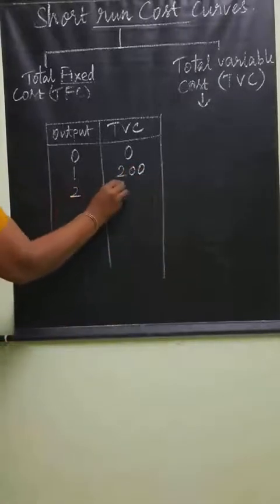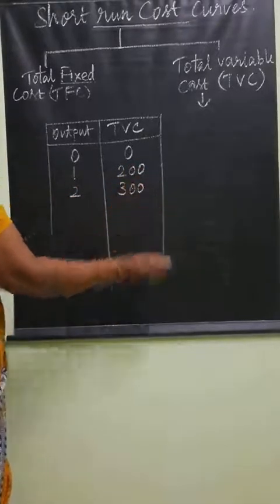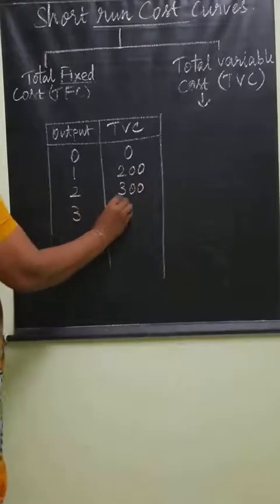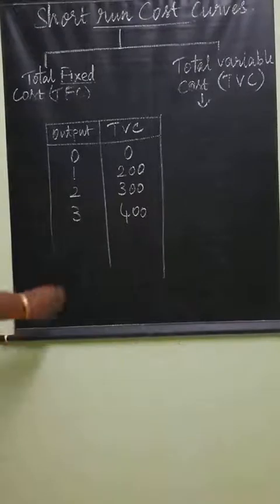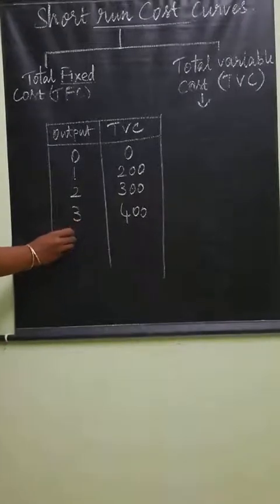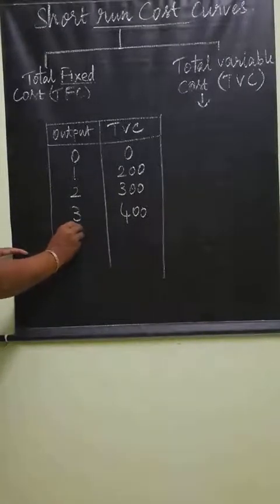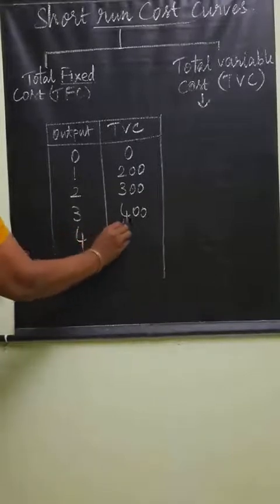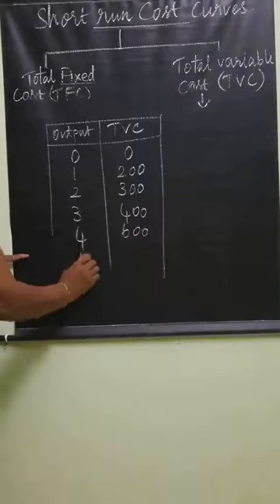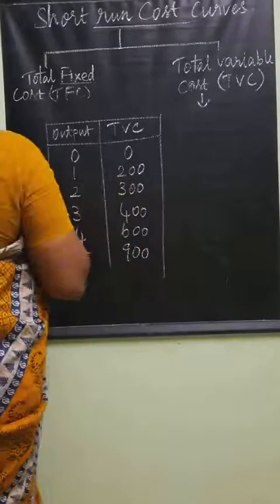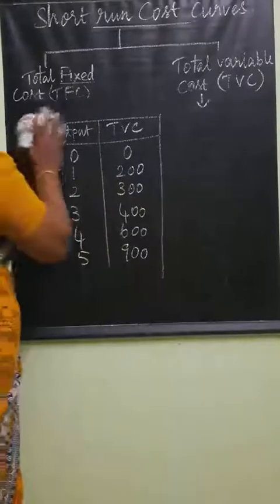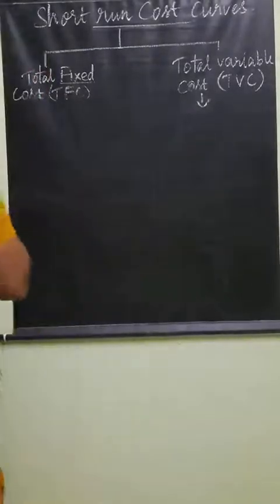If the output increased, the total variable cost also increased based on its increment. Do you understand? So it increased based on the increment in the output. Let me draw here, only then I can draw the diagram here.